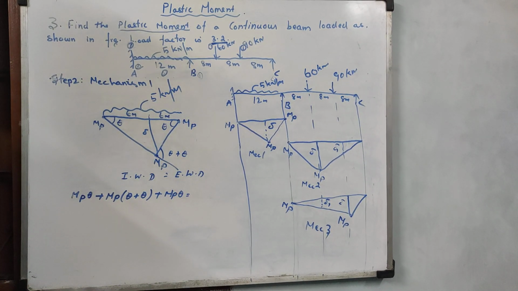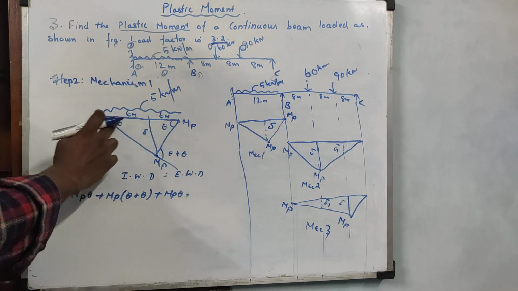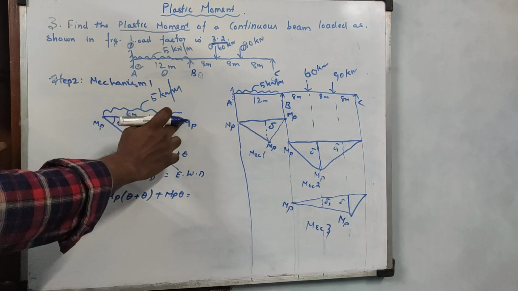external work done. If it is a point load, external work done equals load into deflection under the load. If it is a UDL, we have to consider load into the area under the UDL, that is, load into the area of this triangle.